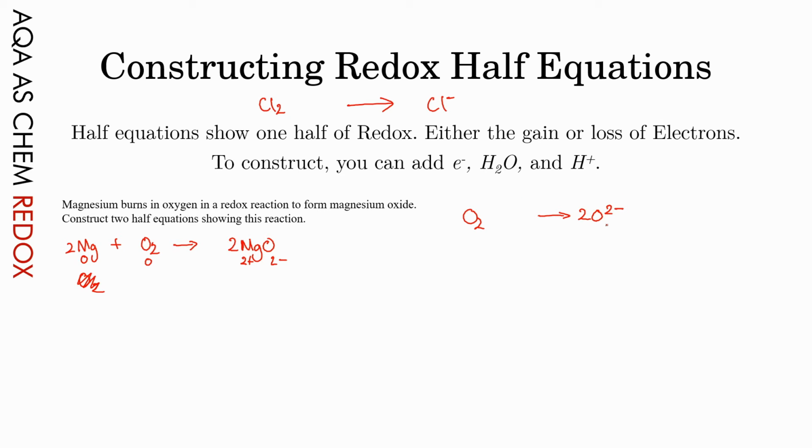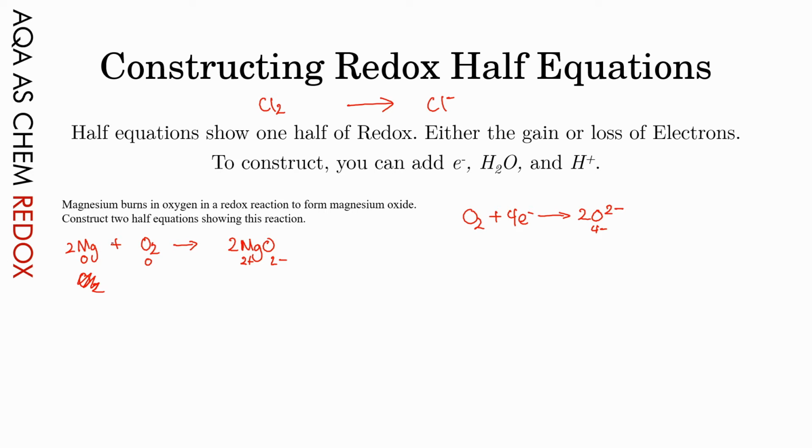So now we need electrons to balance this out. It's gone from 0 to a total of 4- here because there's 2 of these, so you need 4 electrons gained. And no water is needed, and no H+ is needed. So that's this half equation.